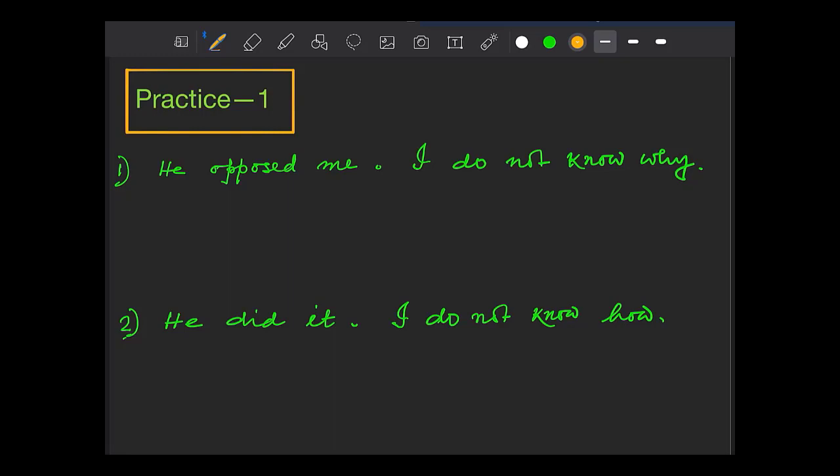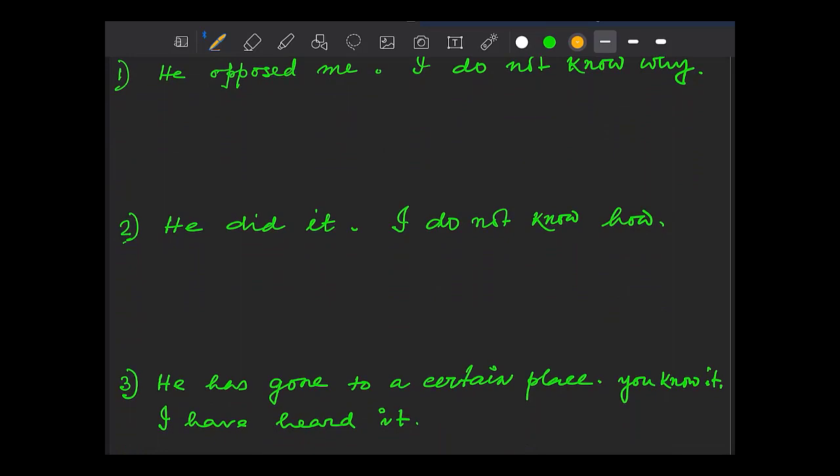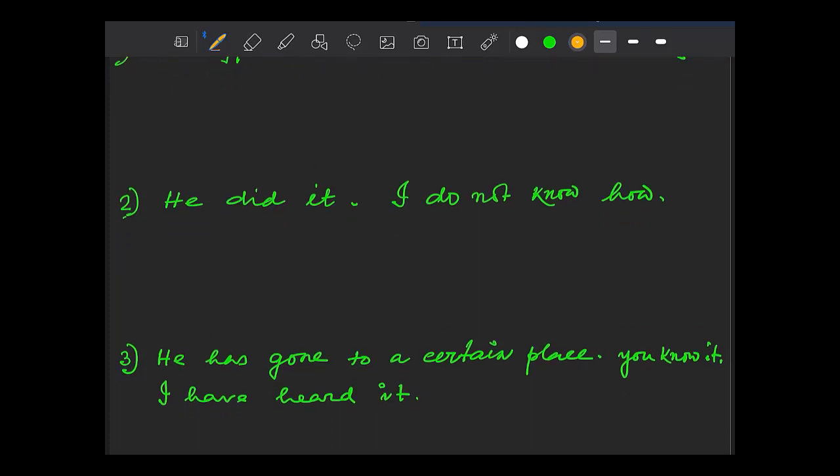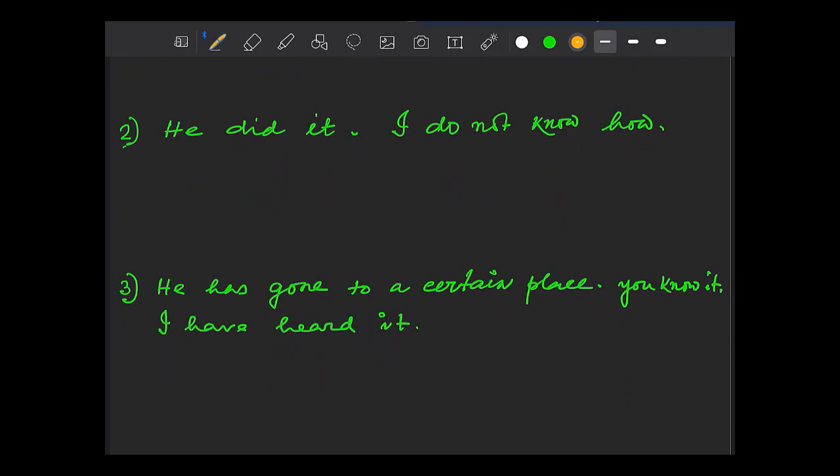The first one is, he opposed me. I do not know why. Next one, he did it. I do not know how. Third one, he has gone to a certain place.